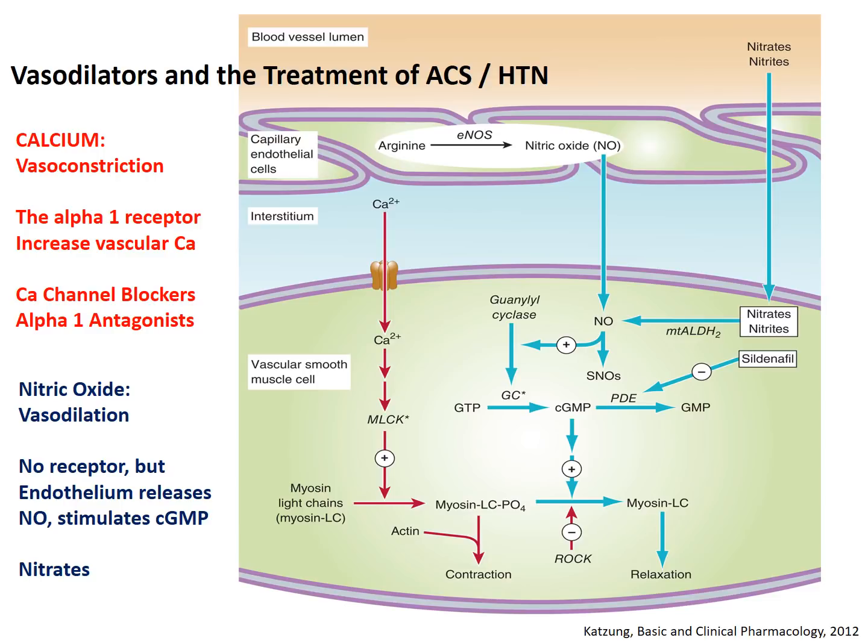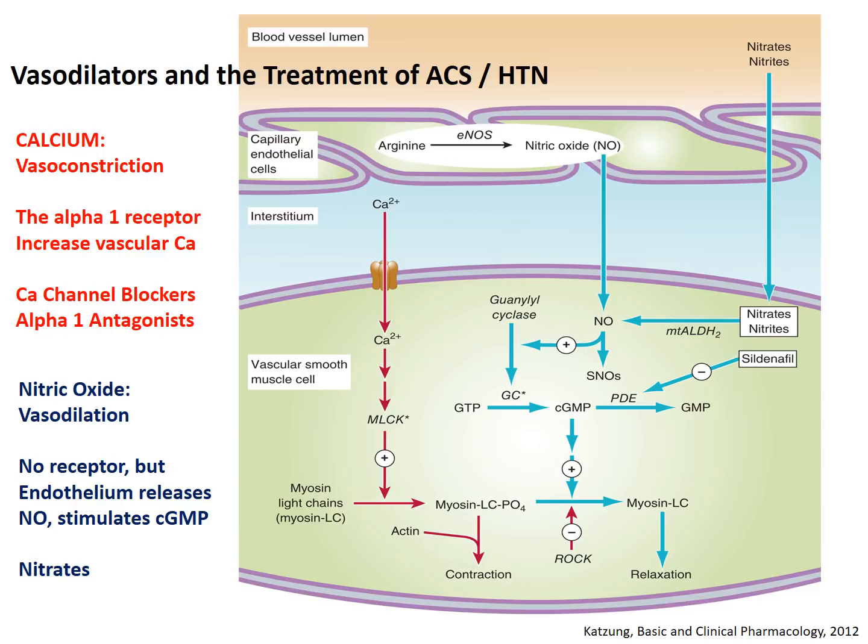So the alpha-1 receptor increases calcium, and that calcium causes vasoconstriction. A couple of ways we can get to vasodilation mechanistically is by blocking the calcium ion channel, right? Calcium blockers block that ability to get calcium into that smooth muscle.